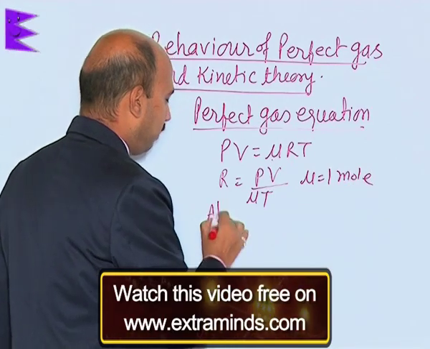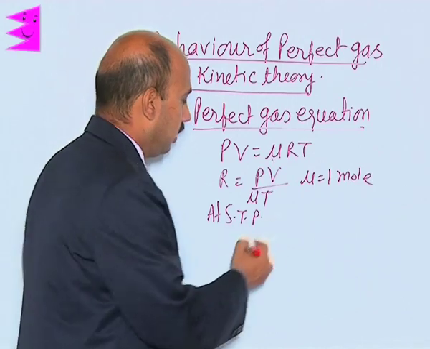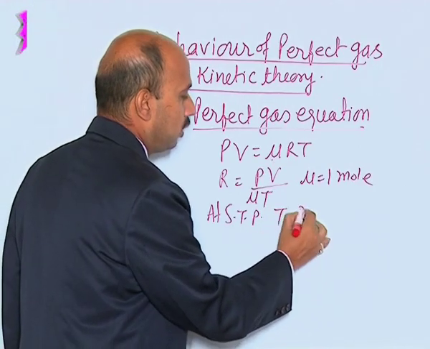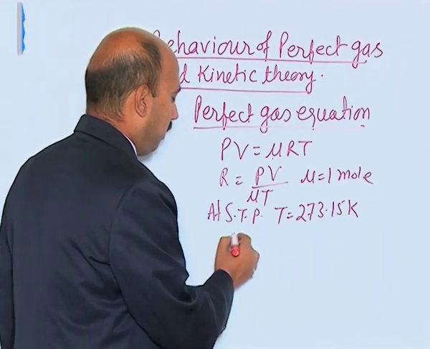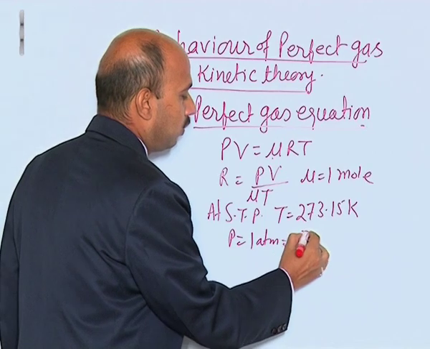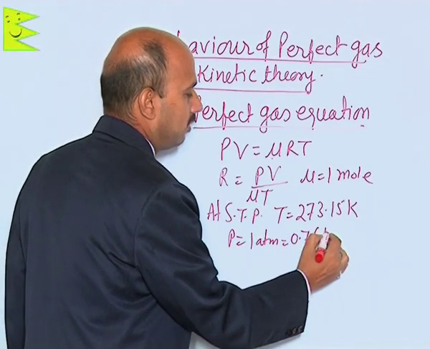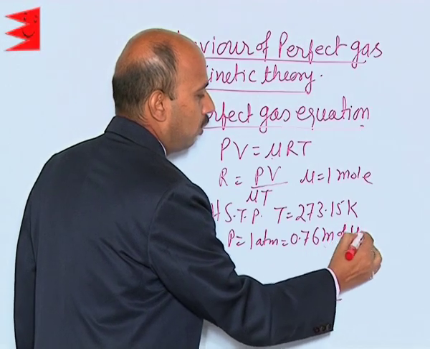Now at STP, standard temperature and pressure, temperature is 273.15 Kelvin, and pressure is equal to 1 atmosphere, that is equal to 0.76 meter of Hg column.